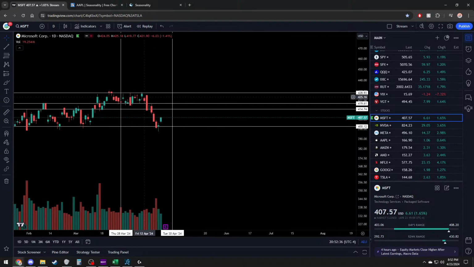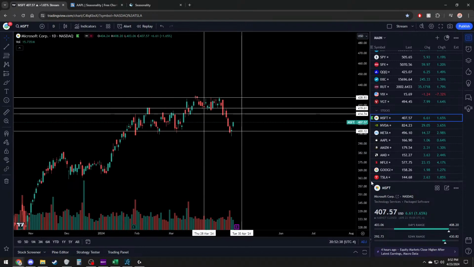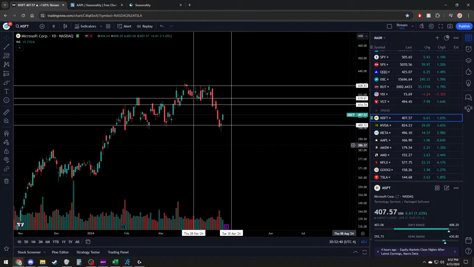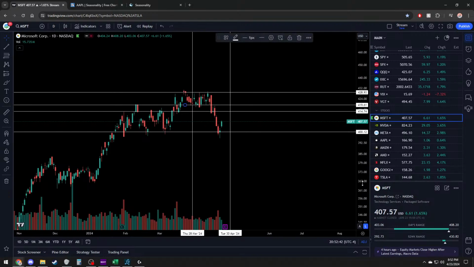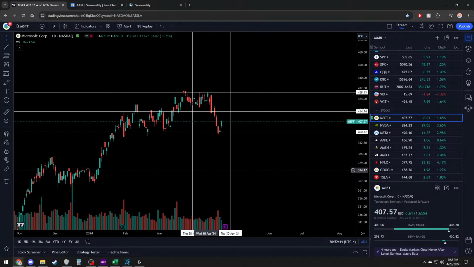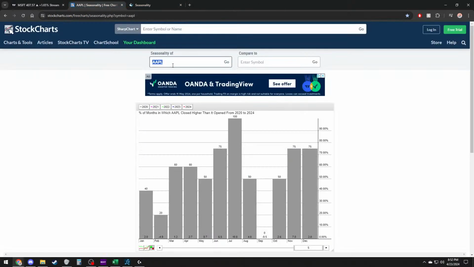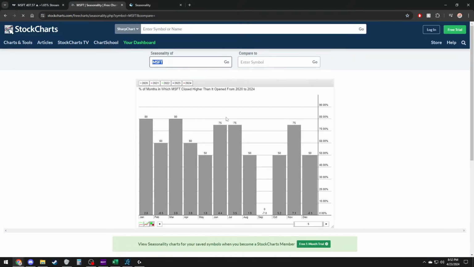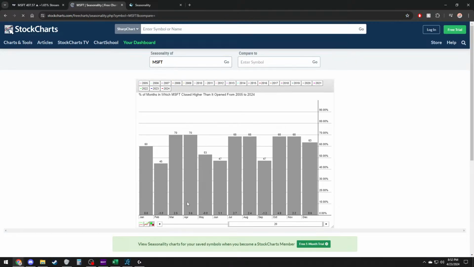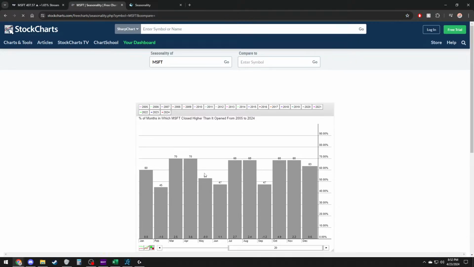As far as the charts are looking, these are some levels that I've listed. You could probably take out this 419 level. Looking at Microsoft, as far as the seasonality goes, it typically does well in April, 70%.